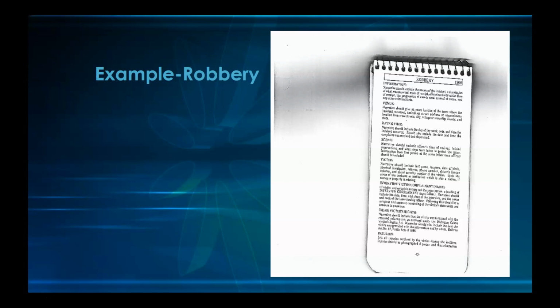Each one of these headings includes, as I said, the elements of crime, or what does it take for someone to be charged under robbery. Now, not all categories will be used, but as we can see, robbery is a long one.